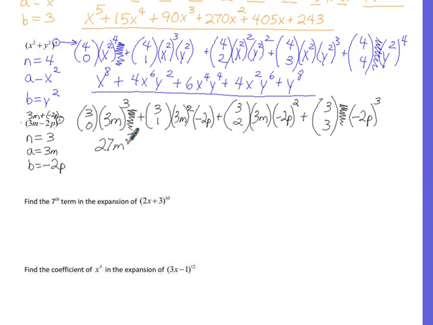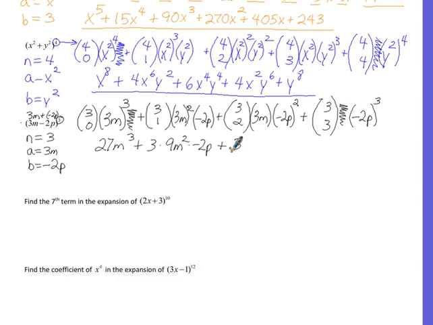Okay. So I've got 27m to the 3rd. I have, let's be careful, 3 choose 1 produces a 3, 9m squared. I'm squaring both the 3 and the m. And now times a negative 2p. So we'll sit there with that for a minute. 3 choose 2, same thing as 3 choose 1, because the two numbers in the denominator end up being the same.